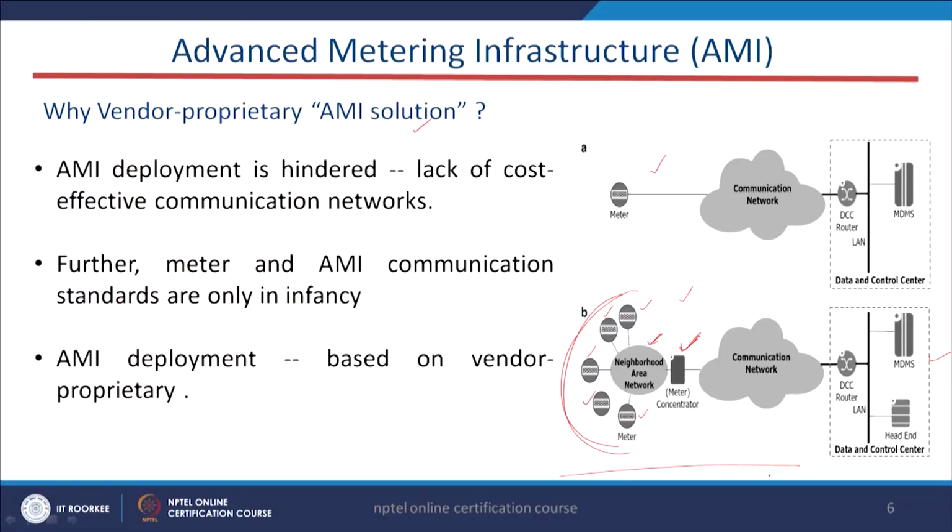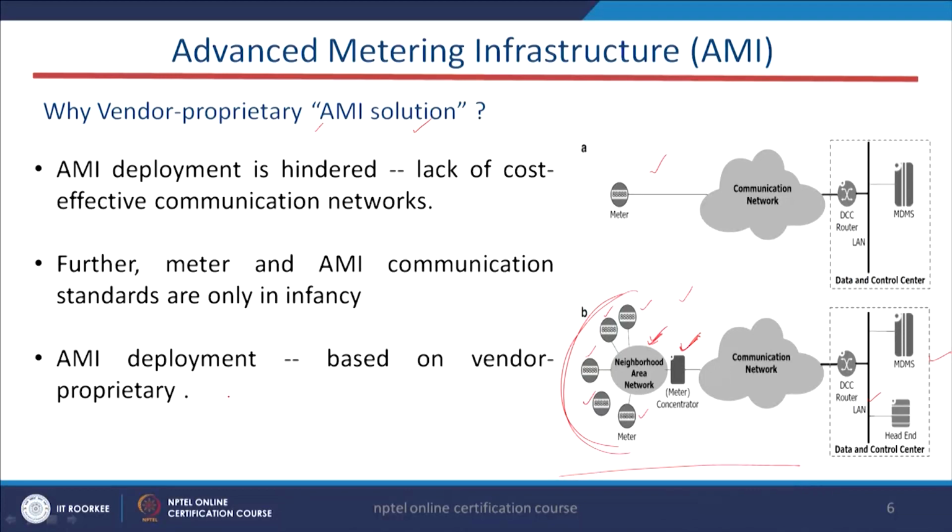So, overall, the basic difference between these two is that two things are distinctly different, first the NAN and second the LAN. So, these two communication infrastructures are very essential when we go for this second type of advanced metering infrastructure. And we will talk about that.